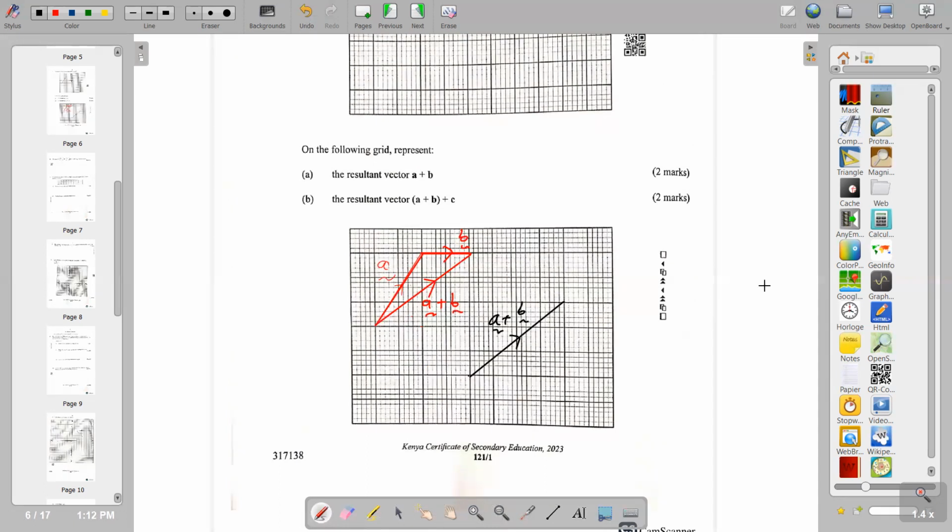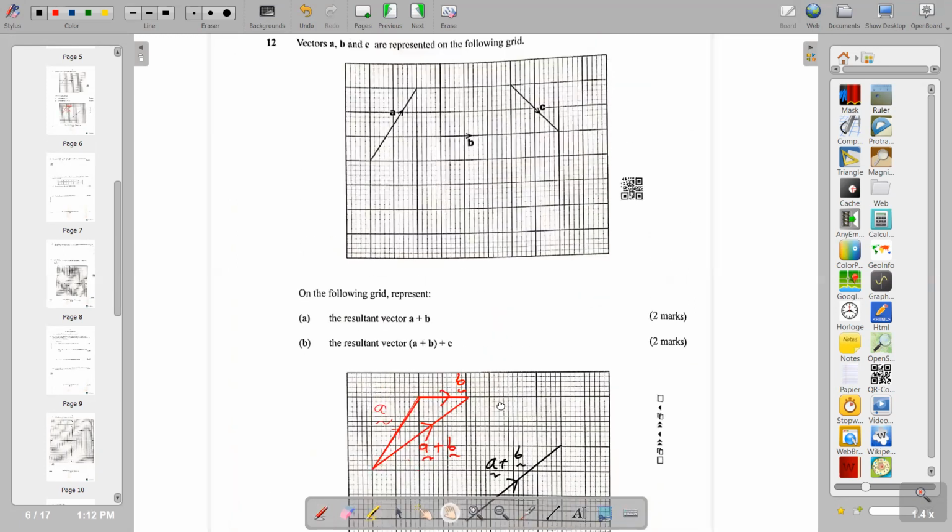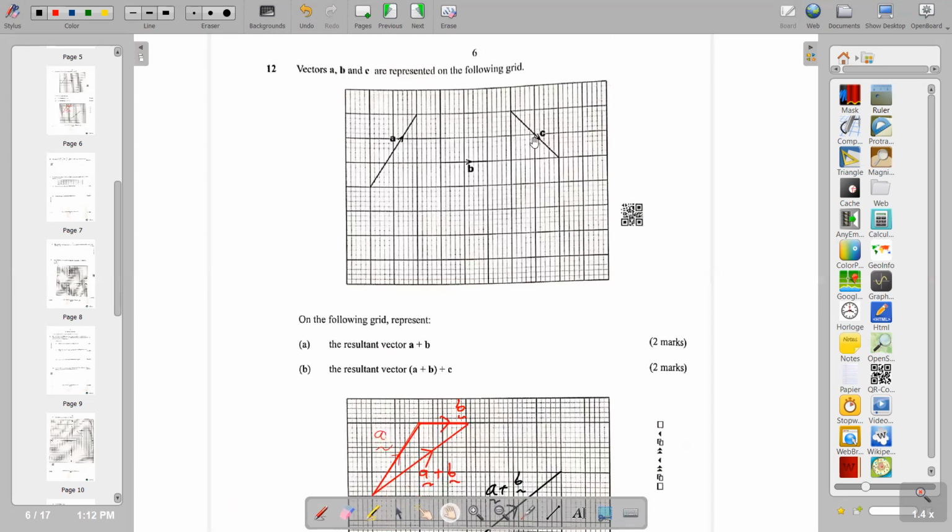And then I'm going to add C. When you look at C up here, it is 2 steps to the right and 2 steps down.